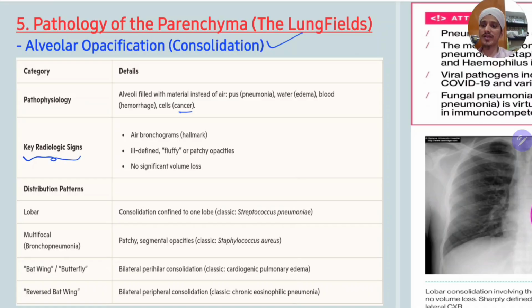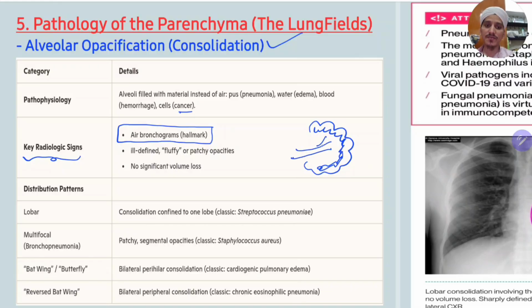Now what will be the key radiological signs in consolidation? Air bronchograms, if present, are the hallmark of consolidation. Normally the alveoli are filled with air, but now they are filled with pus or water or something like that. But the bronchi and bronchioles running in them will have air. The part of the alveoli which is consolidated, we will see as white patches in the chest X-ray.